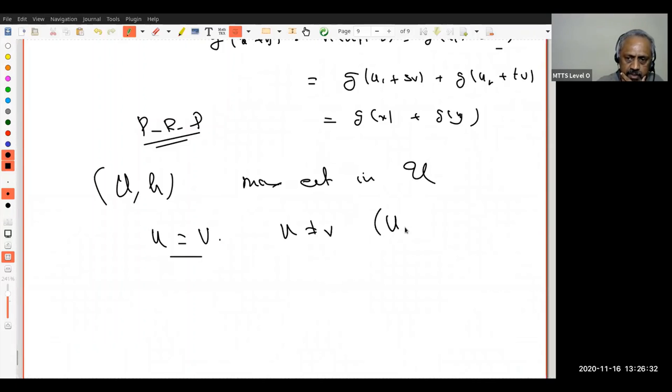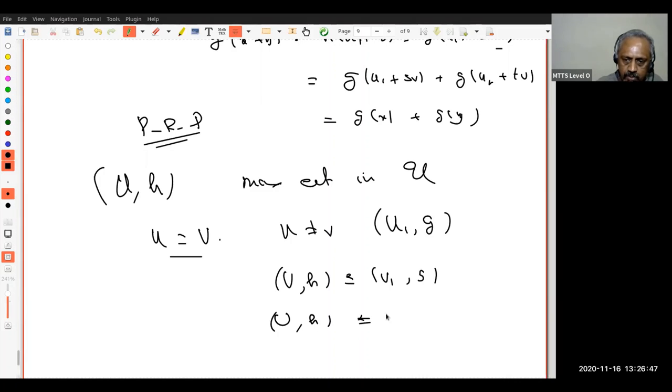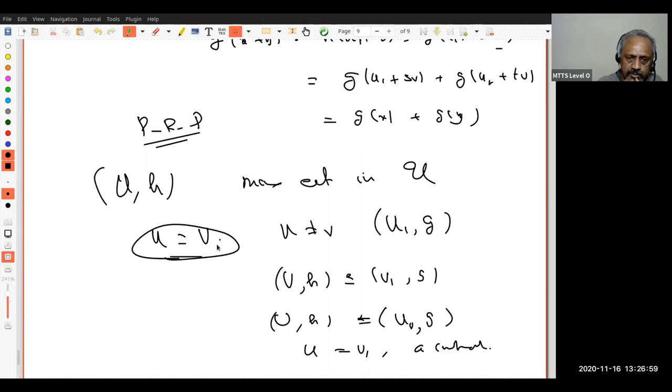We had a U1 and a G, so that (U, H) is less than or equal to (U1, G). Since it is maximal, I should get (U, H) should be equal to (U1, G). That in particular will mean U must be equal to U1. This is a contradiction. Okay. Therefore, we conclude U must be equal to V. That means we got an extension.